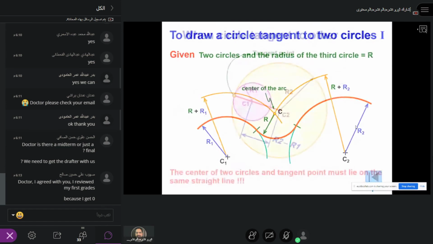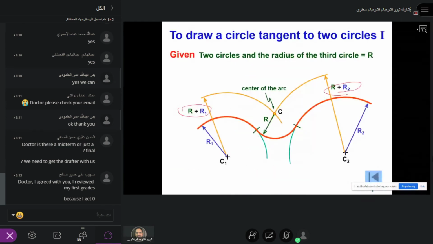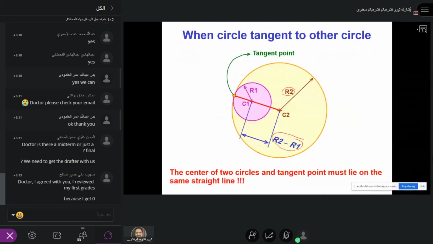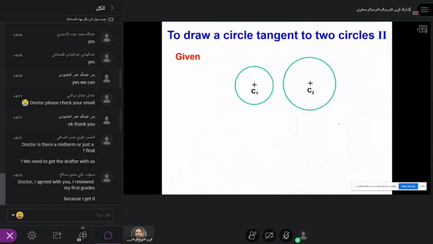Let's repeat how we did this. This is the first one, when the tangent is outside. That's the first method. The second is where we are trying to draw something like this. Initially it was like here, now it is out. So how to do that? Because if you draw this radius, these two circles come inside the circle, right?